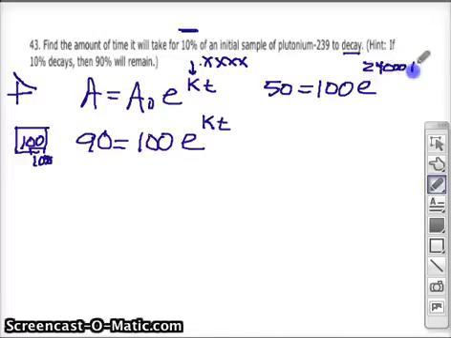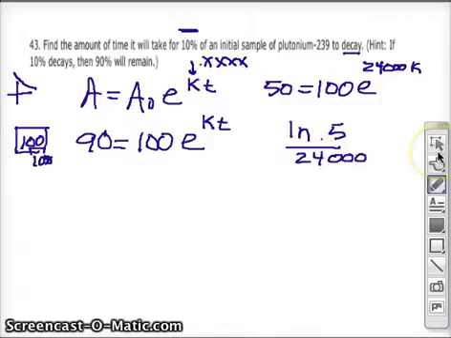So guess what? I could find k. I'm going to find k by hitting ln of 0.5 and dividing that by 24000. So I get my calculator, I do ln of 0.5 divided by 24000.